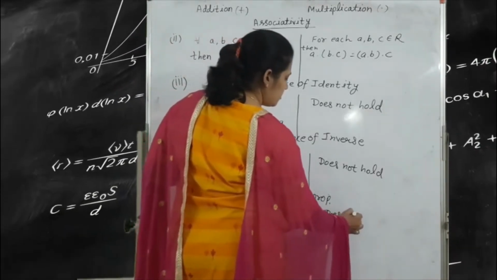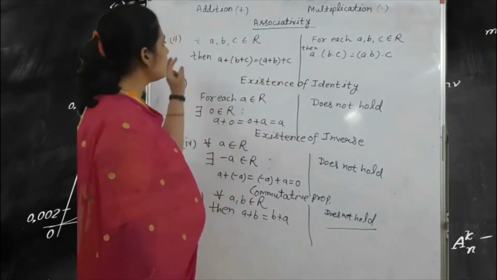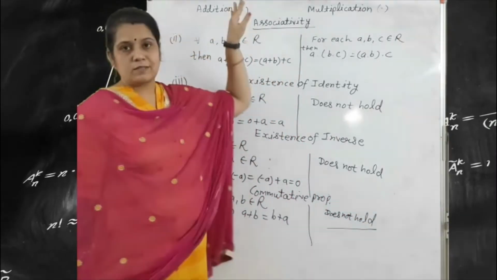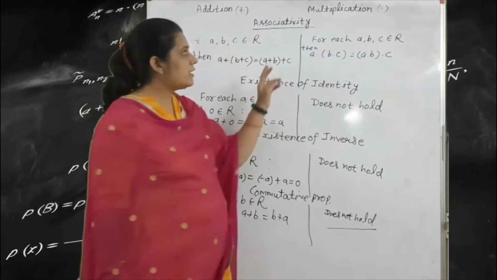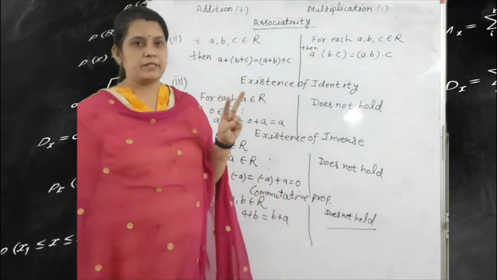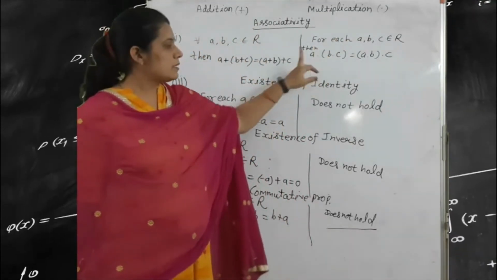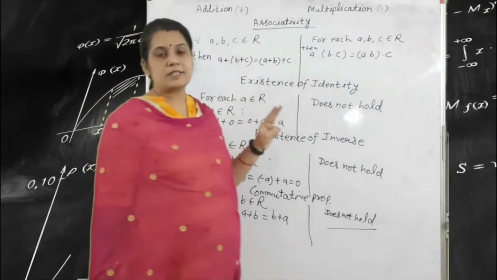Okay, does not hold or does not satisfy. So here according to the plus operator we write the five properties, and according to multiplication we write the two properties, only closure property and the associative property. Okay, so two conditions are satisfied.